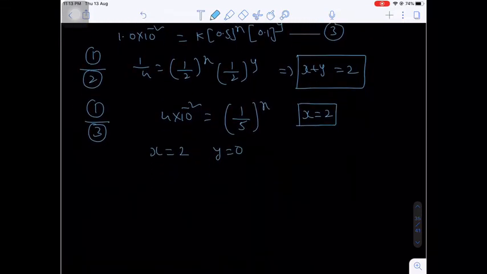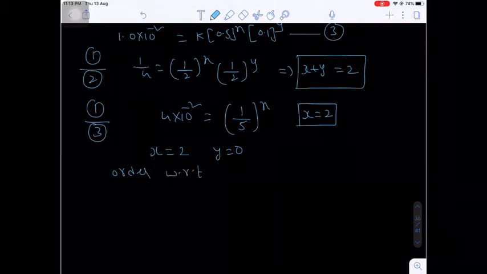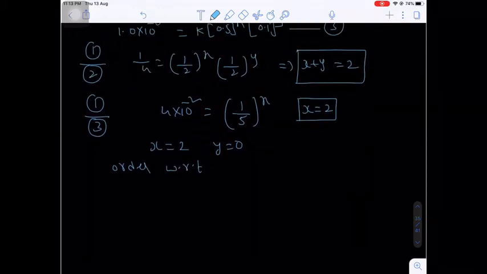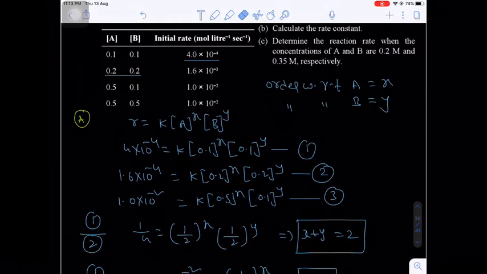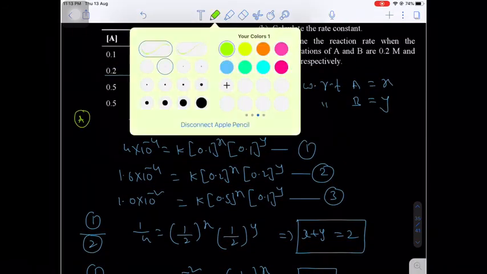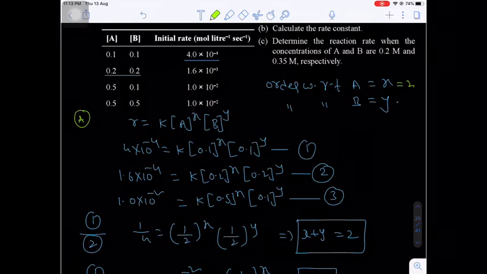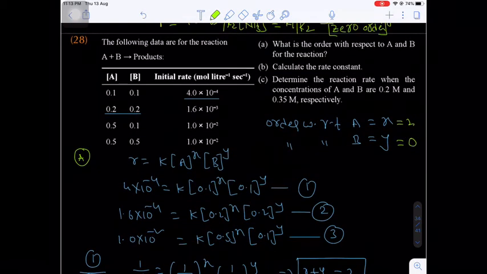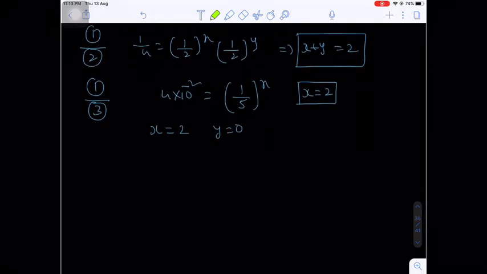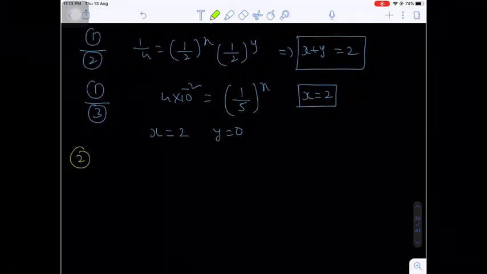Order with respect to A is 2, order with respect to B is 0. This is the first question. And the second question, calculate the rate constant value.